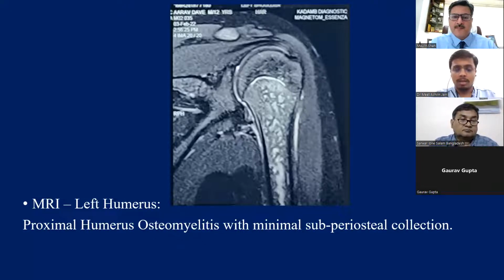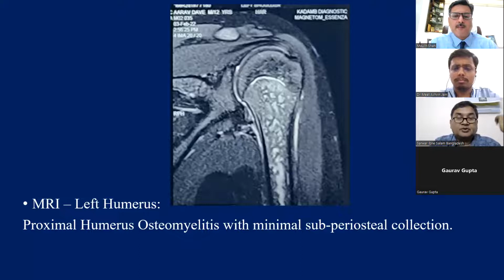So Meet, go ahead. First of all, how would you read this MRI image? So the proximal humerus is the prominent feature here, with some intramedullary changes, and I don't see the periosteum that much elevated, maybe due to the small amount of collection under the periosteum.